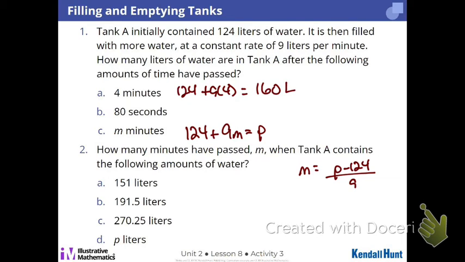For 80 seconds, I have 124 already in there, and I'm going to do 9 times 1 1/3. So I'm going to do 4/3. 4/3 times 9 is kind of easy. It's 12. So 124 plus 12, 136.